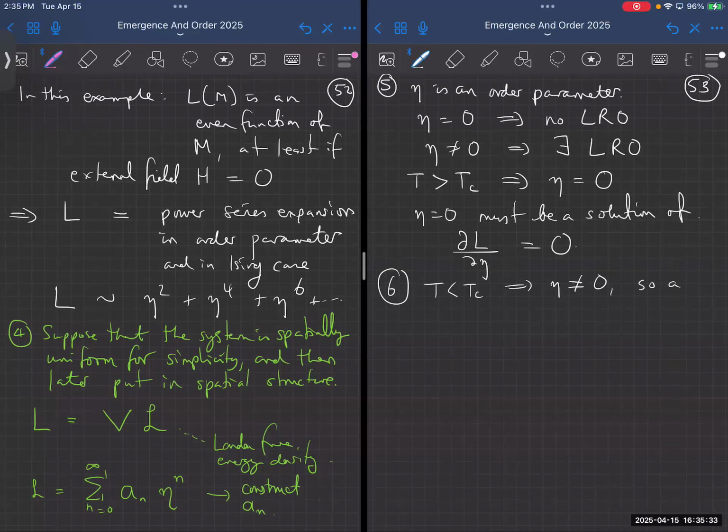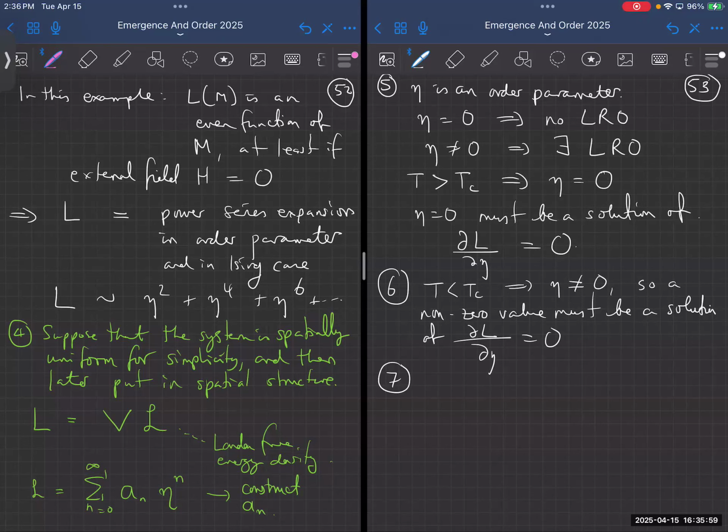So a non-zero value must be a solution of dL by d eta equals 0. Okay, so we're going to work that out.